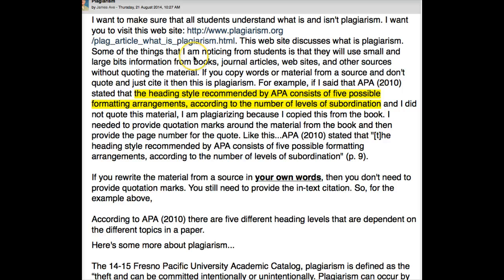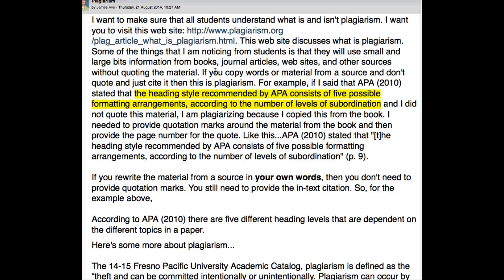Some of the things that I'm noticing from students is that they will use small and large bits of information from books, journal articles, websites, and other sources without quoting or citing the material. Okay, quoting or citing the material. If you copy words or materials from a source and don't quote and just cite it, this is plagiarism.